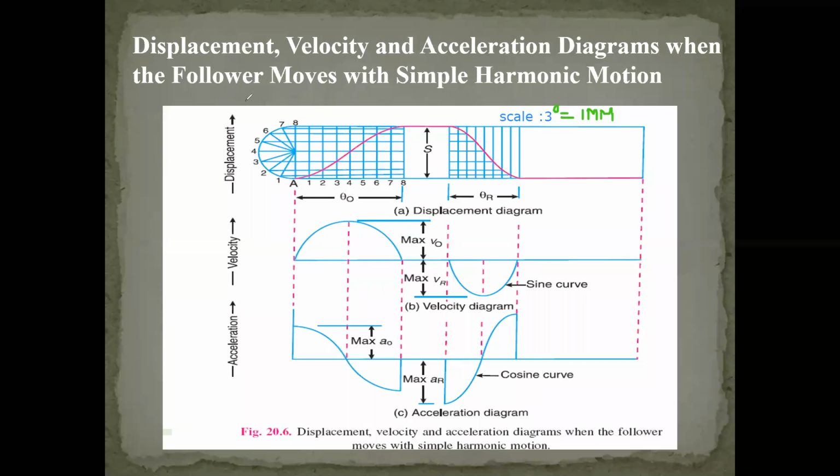So for the 360 degrees angle, how many mm are required? 360 by 3, that means 120 mm. Just take a 120 mm horizontal line, and our vertical stroke value is 30 mm. You need not apply the scale value to the vertical section.